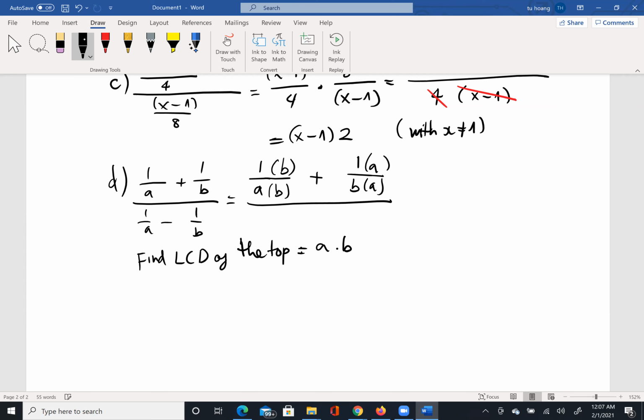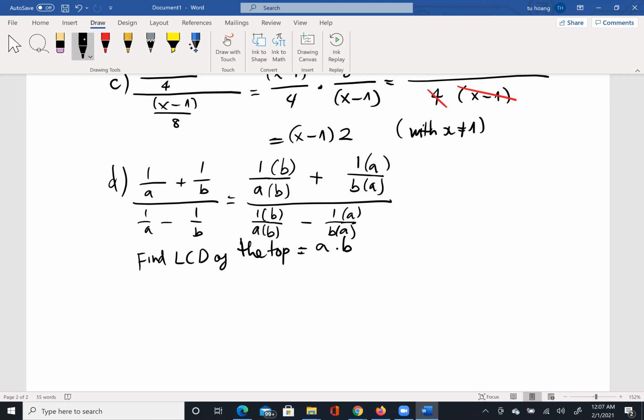That should be for the numerator. Also, the bottom has the same thing, but just subtraction. So I have 1 over a multiplied by b over b, and minus 1 over b multiplied by a over a.